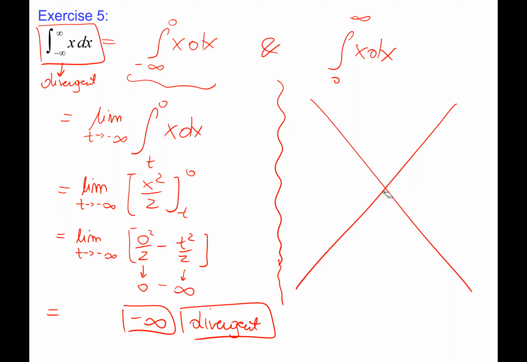You're probably wondering why we're not letting this expression be written: we may end up with positive infinity on one side and negative infinity on the other, and you could possibly cancel them out, and we know that's not the case. That means this integral is divergent.